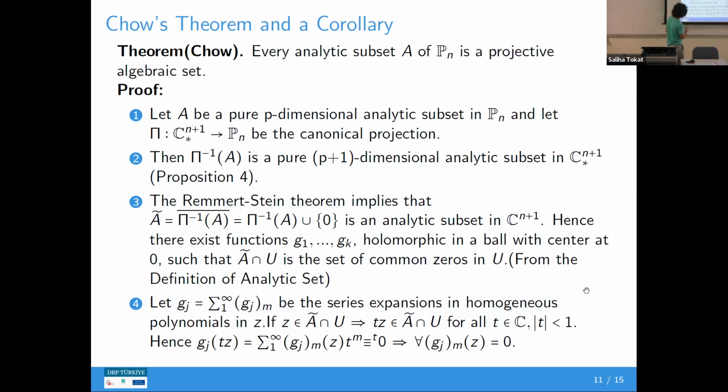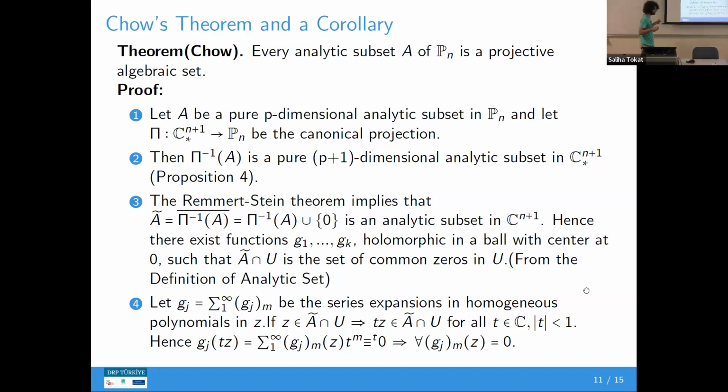Yes. Then, since these g_j's are holomorphic, we can expand them into a Taylor series. If we arrange the terms of the Taylor series, we get holomorphic coefficients. Then if you have a z in the intersection of Ã and U, then tz is also in this set because of the cone property. Why is this cone property true?